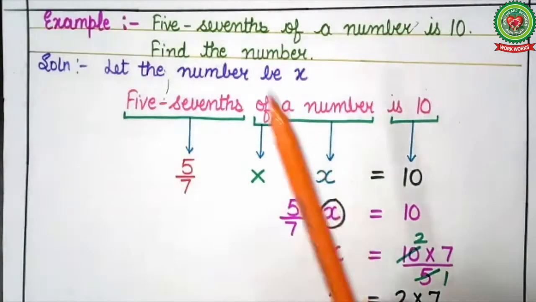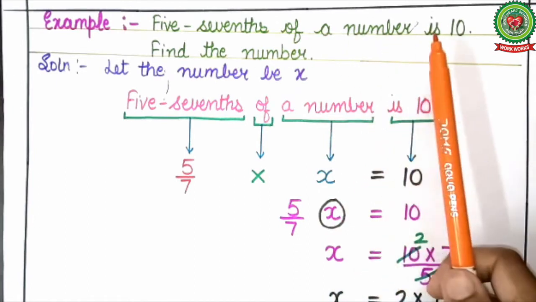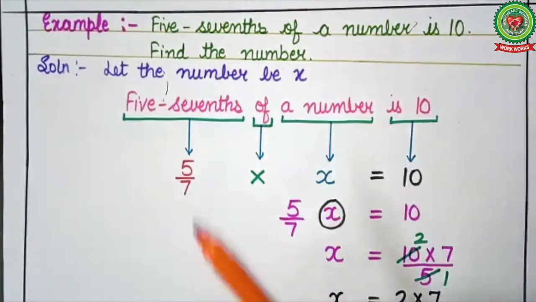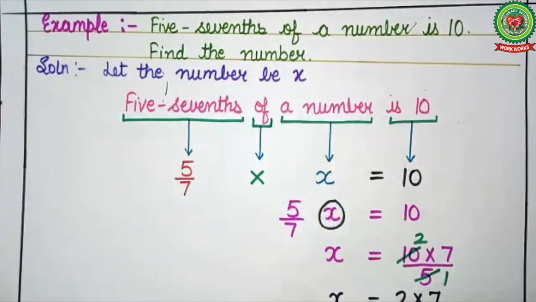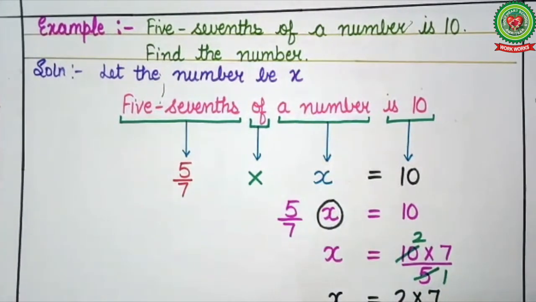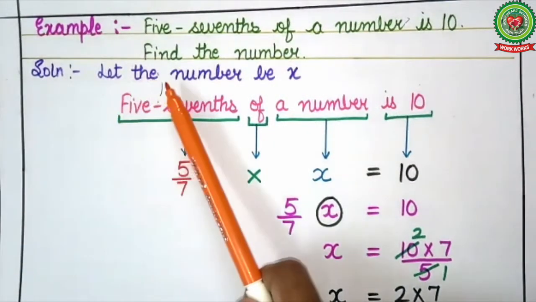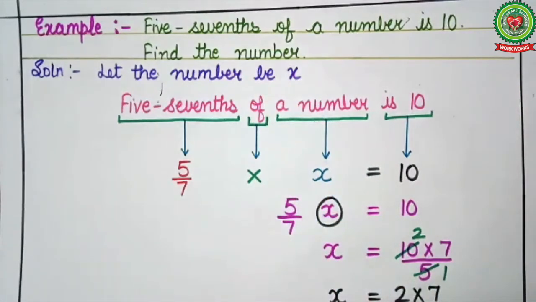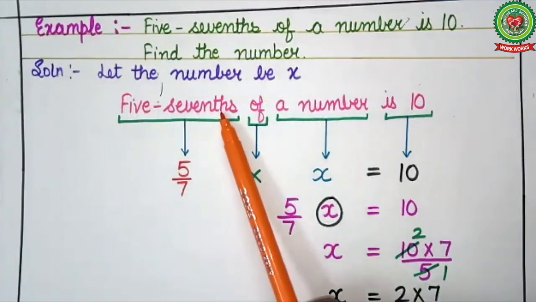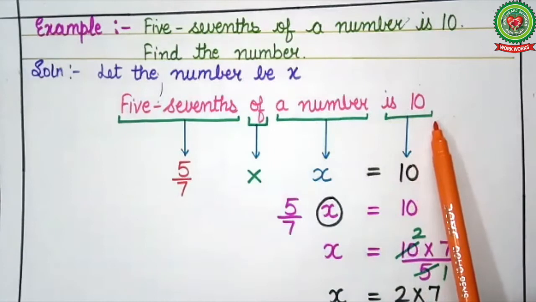Here, 5/7 of a number is 10. Find the number. Again, what we have to find out? The number. So step 1 is, let the number be x. Now reading of the statement. Here 5/7 of a number is 10.